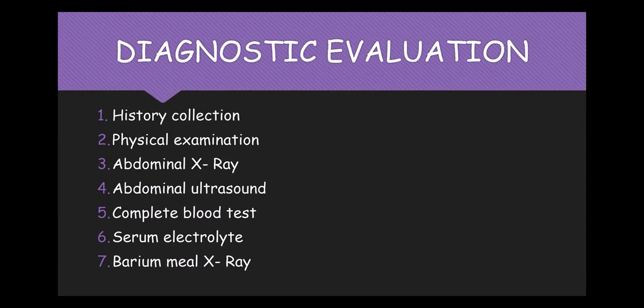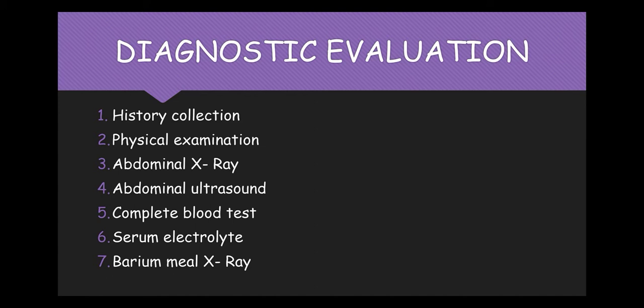Now the diagnostic evaluation. First we have to collect the history, then we have to do physical examination, then abdominal x-ray, then abdominal ultrasound, complete blood test, serum electrolytes and barium meal x-ray. Barium meal x-ray is a procedure in which the physician examines the throat, esophagus and stomach.